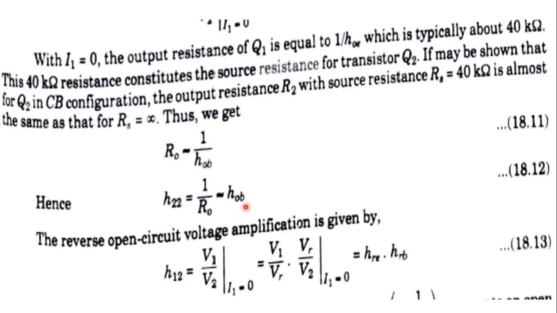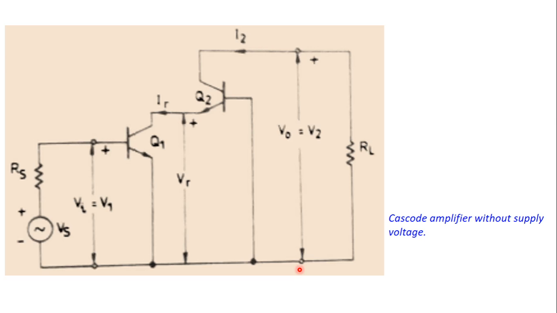Now the H12 parameter, that is the ratio of V1 by V2 provided that I1 is equal to 0. Again we can multiply in the numerator and denominator by VR, so it becomes V1 by VR and VR by V2. V1 by VR is the reverse voltage gain for Q1, and VR by V2 is the reverse voltage gain for transistor Q2.